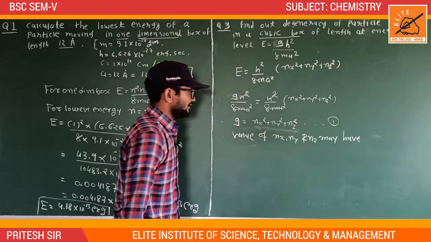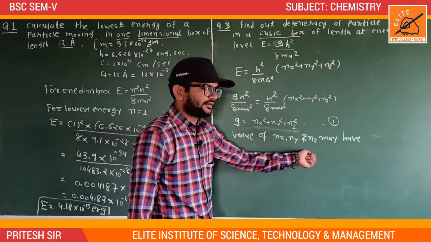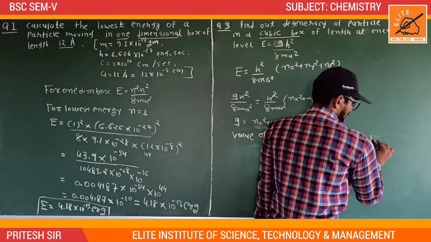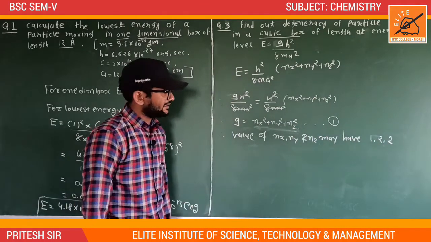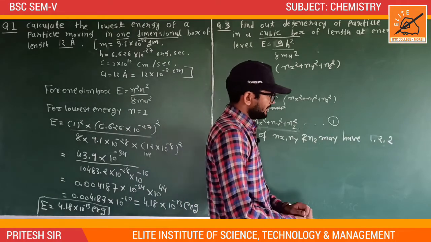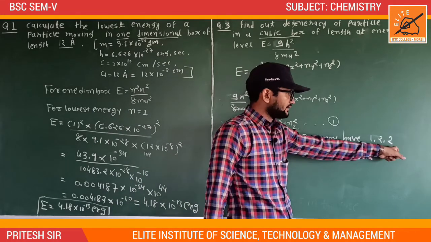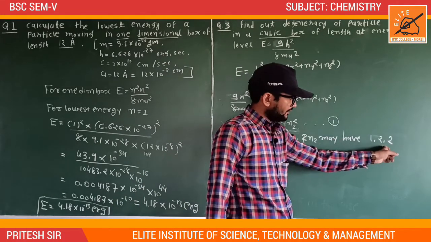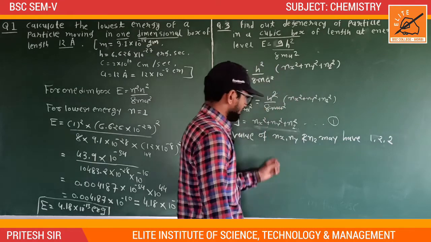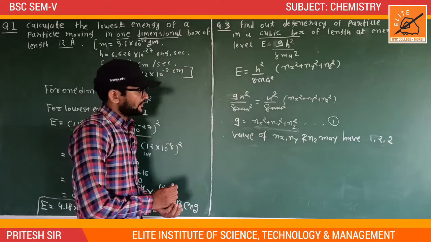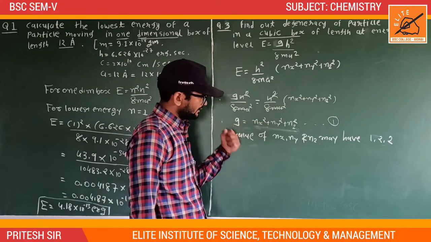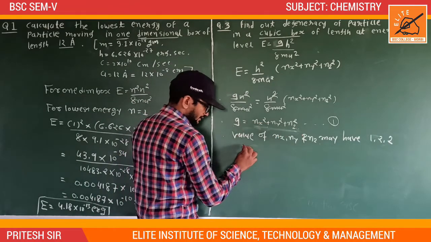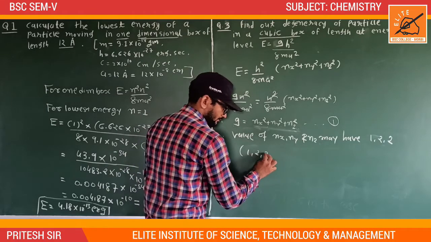So this is an acceptable condition. The values of nx, ny and nz may be 1, 2, 2. It means 1² plus 2² plus 2², that is 1 plus 4 plus 4 equal to 9. Okay, so in this case, how many degenerate sets are possible? First I put 1, 2, 2.